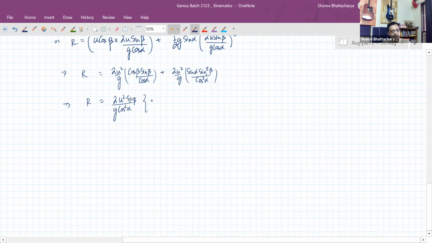So here we'll be left with cos alpha cos beta, and here we'll be left with sine alpha sine beta because you've taken one sine beta common. So this is how it resolves into something that can be written more neatly.